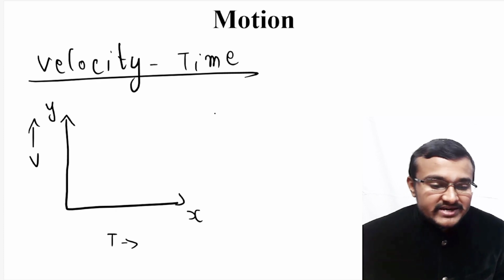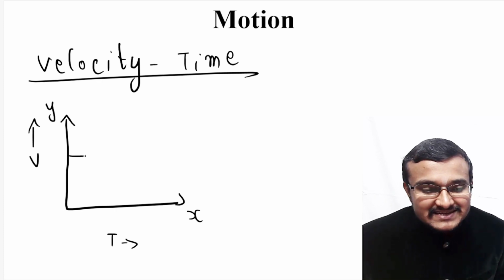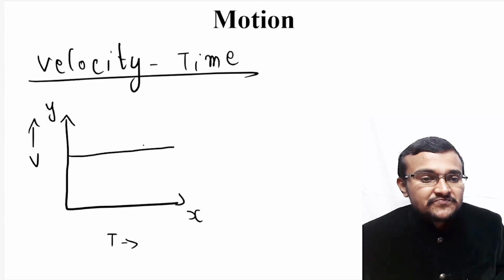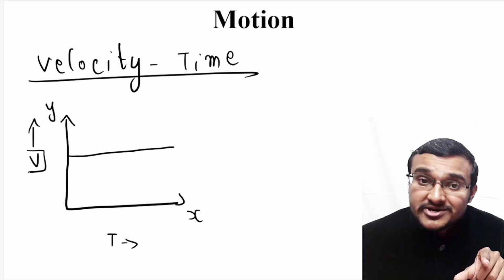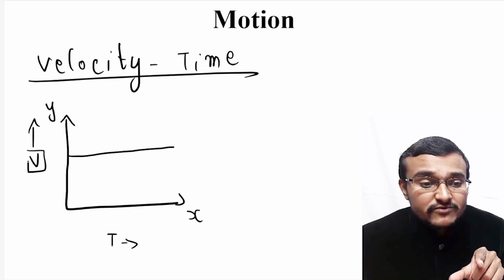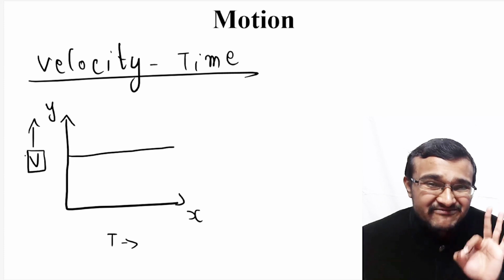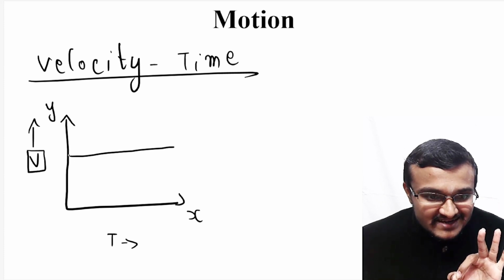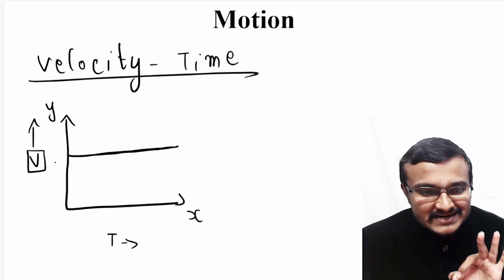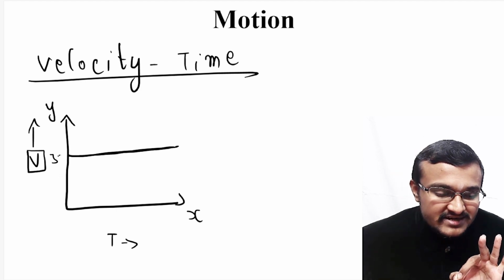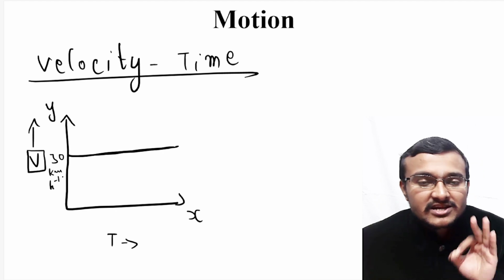The graph will be parallel to the x-axis like this, because you can clearly see we have taken velocity, not distance or displacement. When we have taken velocity on the y-axis, you can clearly see the velocity is very much constant. So let's say somewhere around 30 km per hour is the constant speed of a particular vehicle.